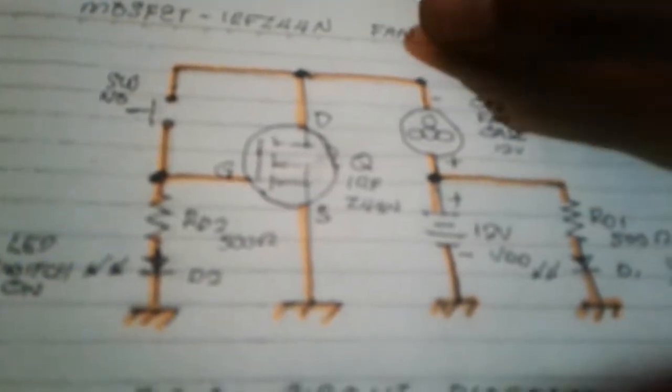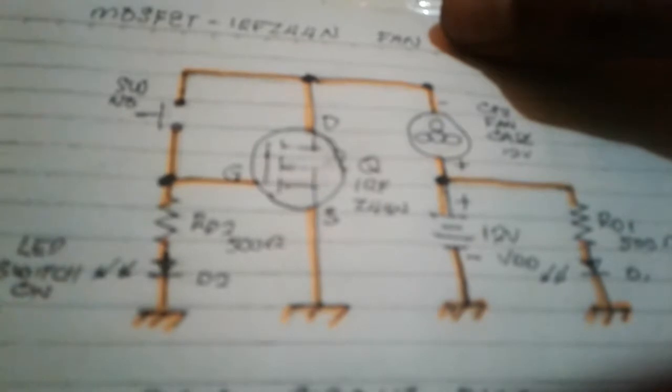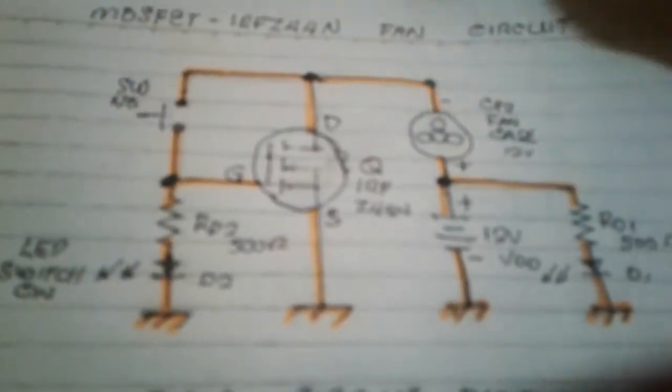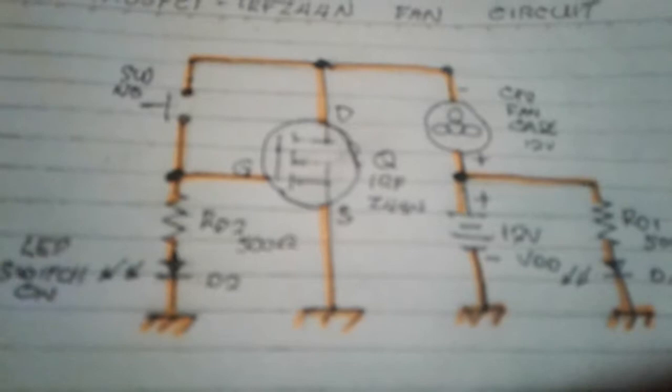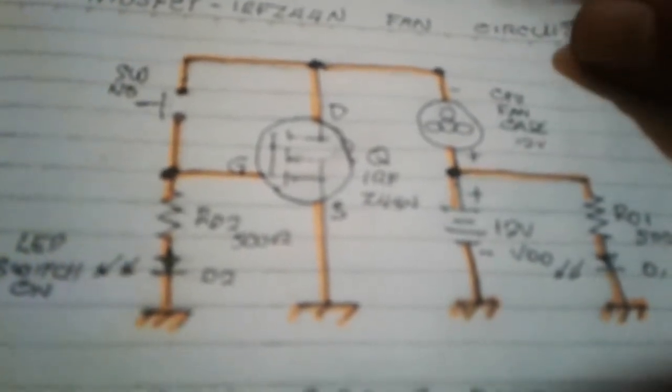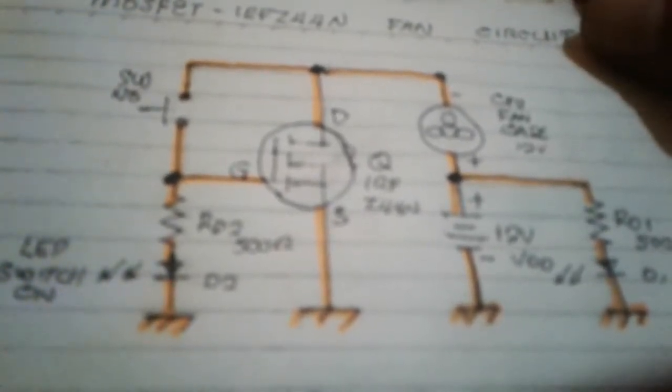You can only activate this component by pushing the switch here, producing a current here and a voltage here, which is equivalent to 12 volts. So the voltage here at the resistor is equal to the 12 volts, making this gate to source conduct in ohmic region or in linear region as a switch.